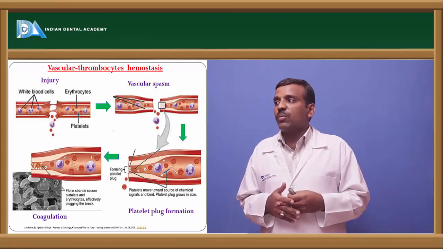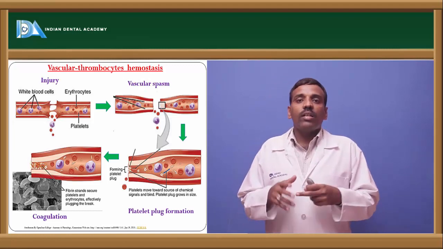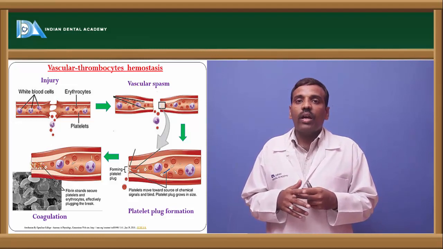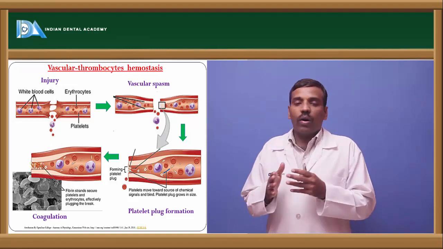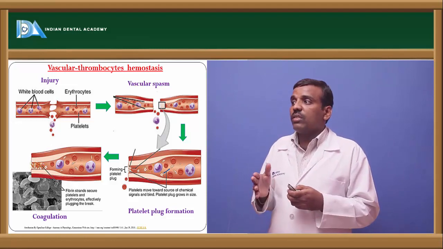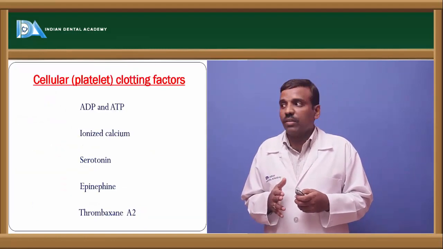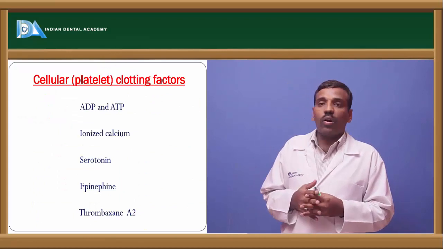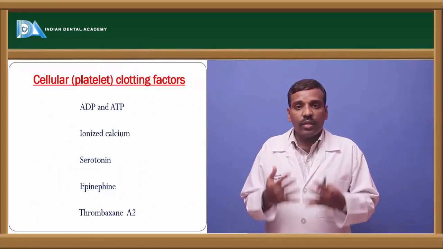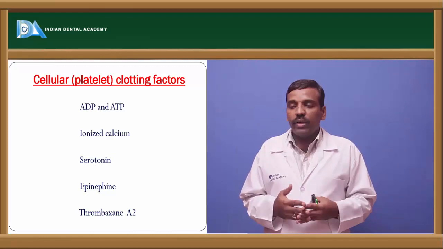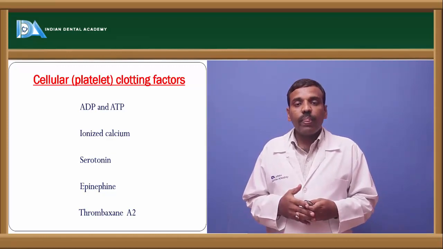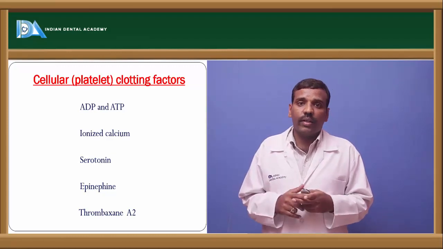First, in vascular thrombocyte hemostasis, the blood vessels constrict, which is vasoconstriction, and after that thrombocytes form a brick-like structure. Next are cellular clotting factors like ADP, ATP, ionized calcium, serotonin, epinephrine, and thromboxane A2. The 13 clotting factors are different again.